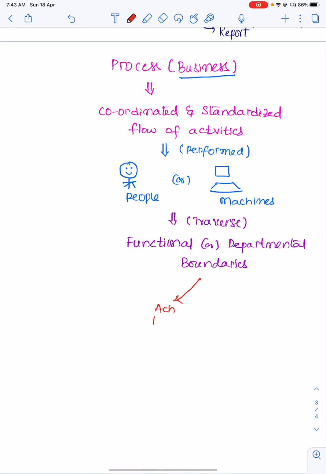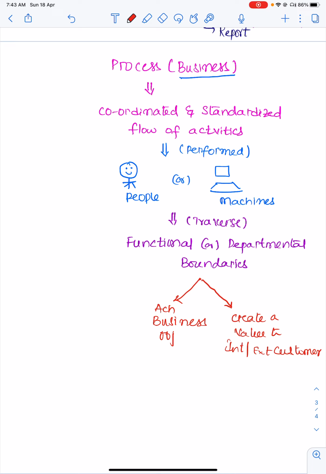To achieve business objectives, or to create a value to internal or external customer. Okay, so this is a standard definition of a process from business perspective.